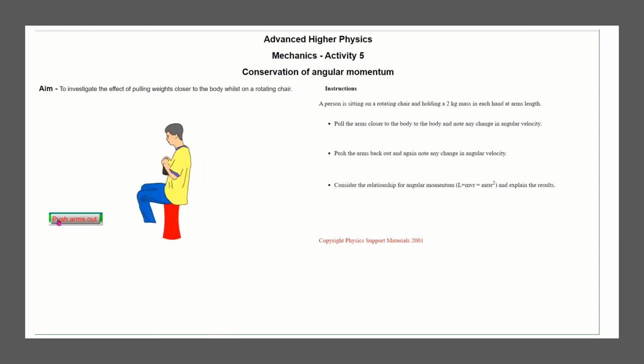You could calculate the new angular velocity. Out and in. Obviously, this is ignoring any frictional torque.